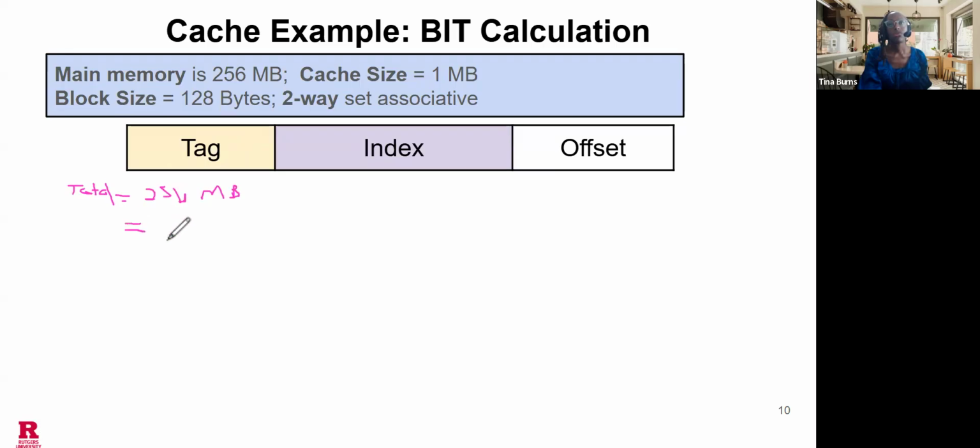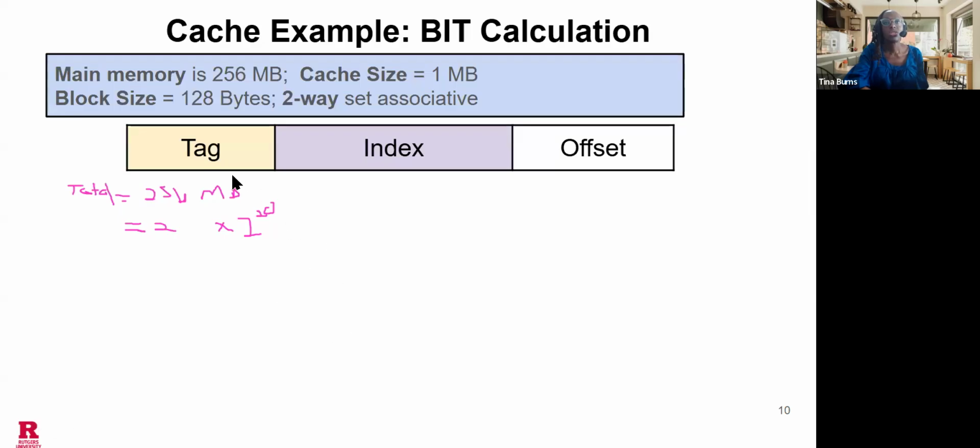Which is going to be 256, I think is 2 to the, we'll look that up later. Mega is going to be times 2 to the, now kilo is easily represented as 10. Mega is going to be represented by 20 here. So then I just add this to whatever that item is going to be.